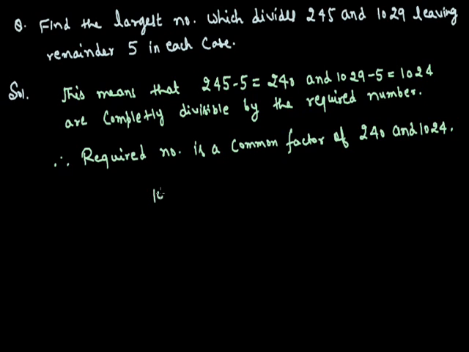So we can write 1024 equal to 240 multiplied by 4 plus 64.